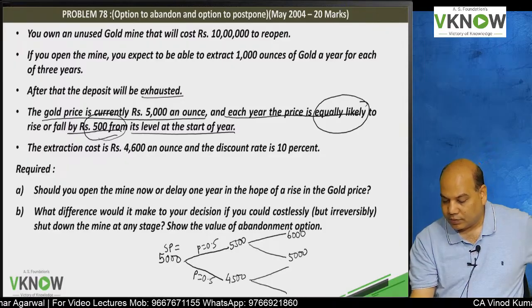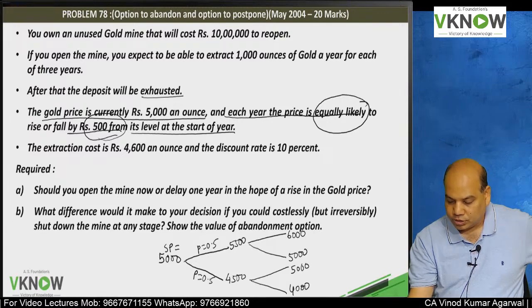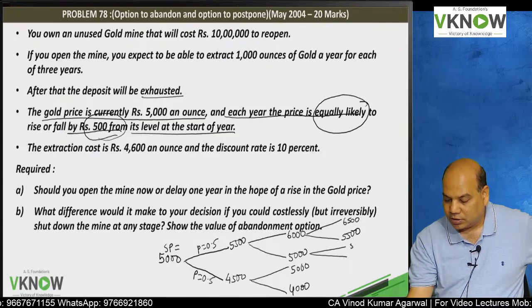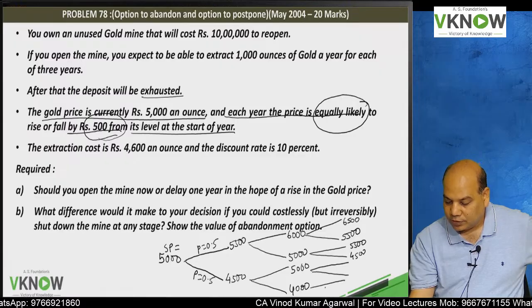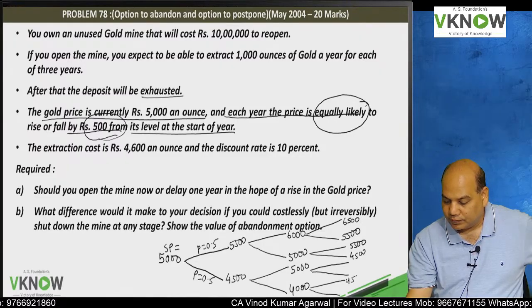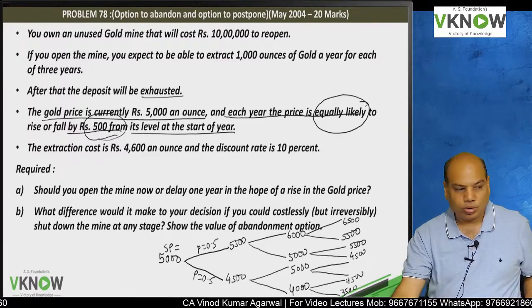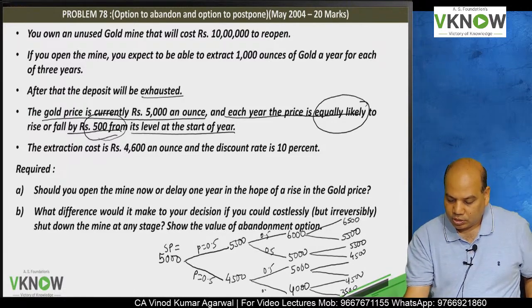If it is 4500, then it can become 5000 or 4000. If it is 6000, then it can be 6500 or 5500. If it is 5000, then it can become 5500, 4500. Again the same, and if it is 4000 it can go to 4500 or 3500. So these are the predictions about gold prices, and all these have a probability of 0.5.